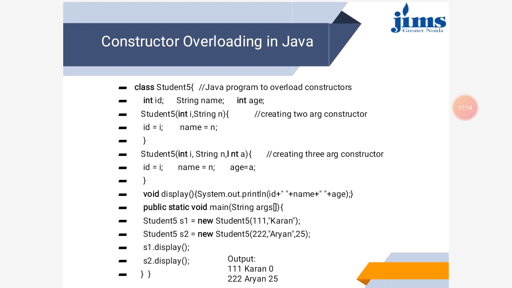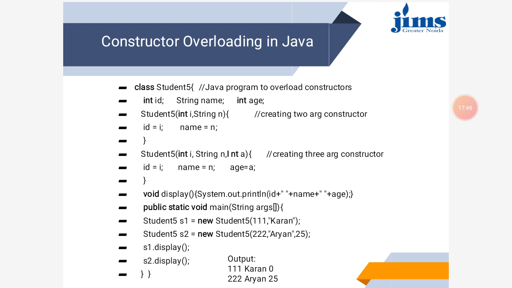We will understand constructor overloading with the help of one program. In this program, there is one class, say Student5. It has two variables, name and age, and one constructor is given, and it is initializing these two instance variables, and there is a second constructor also.